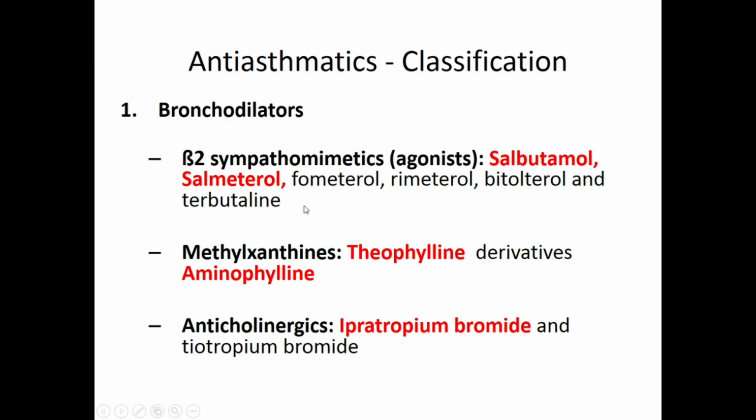Another bronchodilator is the methylxanthines, like aminophylline. Then you have anticholinergic drugs like ipratropium bromide and tiotropium bromide. Apart from theophylline, these other drugs we have come across all the time: this one when we were doing the cholinergic system, this one when we were doing the adrenergic system.